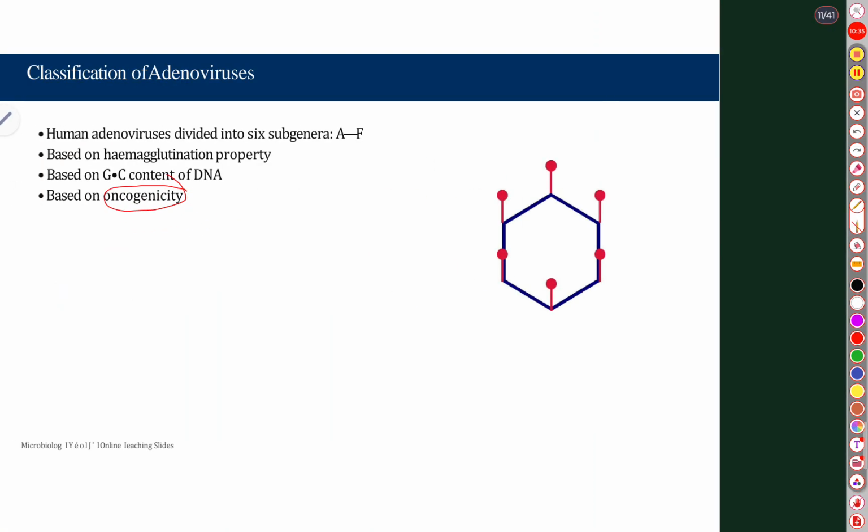Based upon the hemagglutination property, the GC content of the DNA, and the oncogenicity, they are divided into 6 subtypes from human adenovirus A to F.